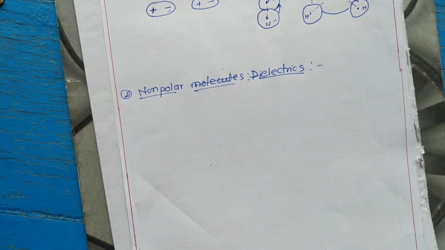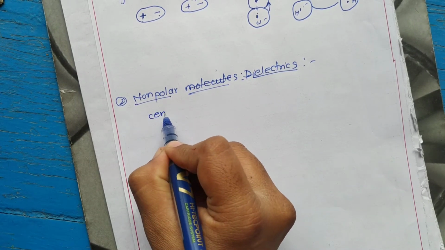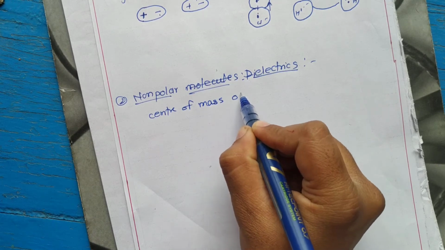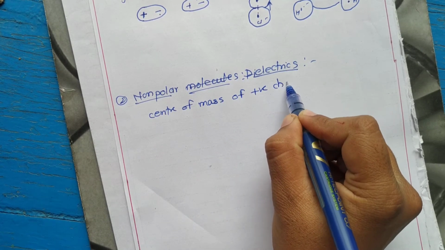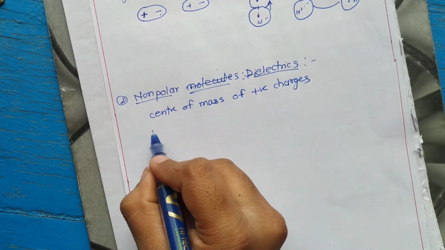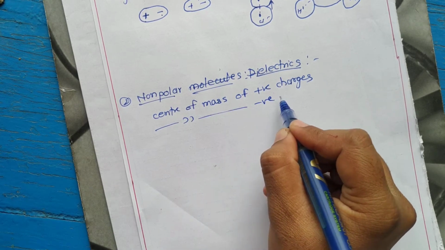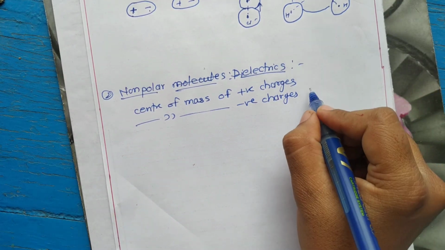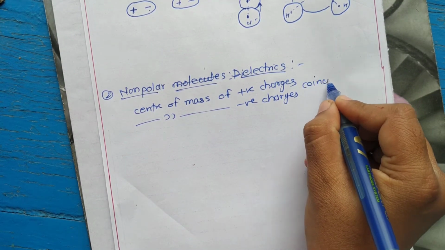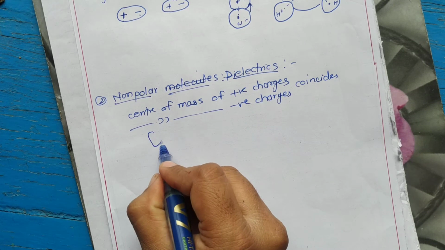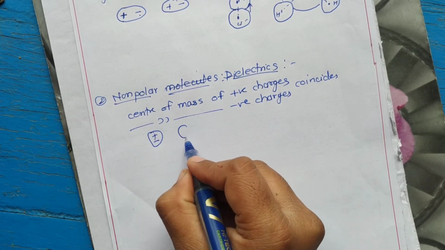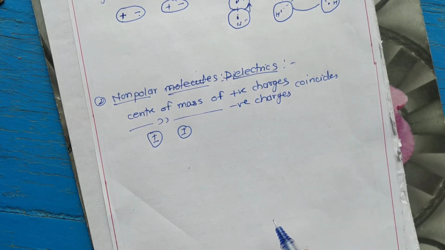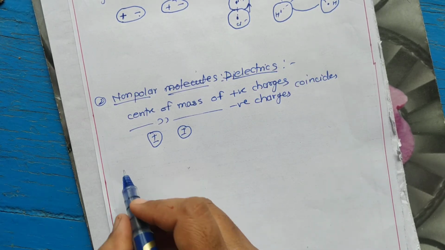A molecule in which the center of mass of positive charges coincides with the center of mass of negative charges is called a non-polar dielectric. That means the structure is positive, negative, like that. Therefore they have zero dipole moment.